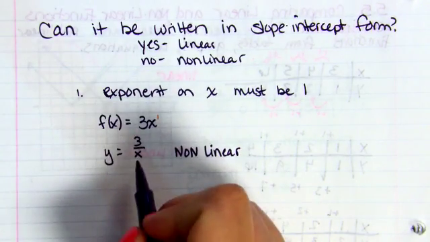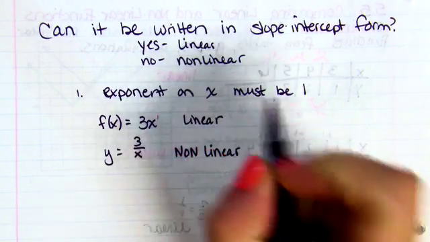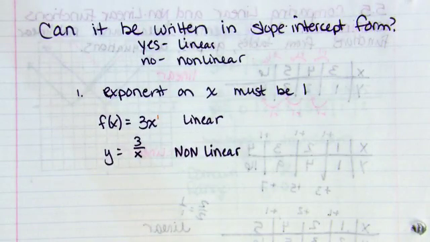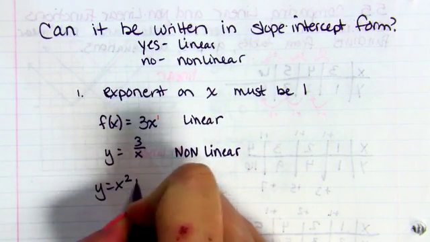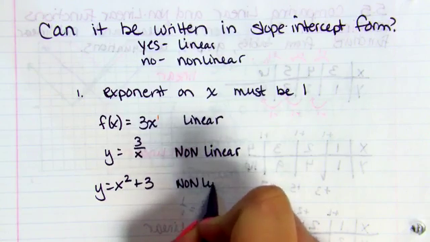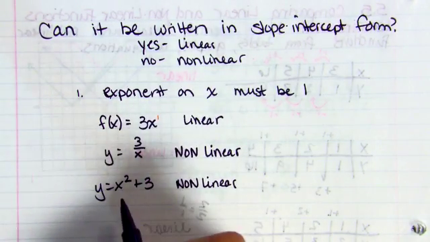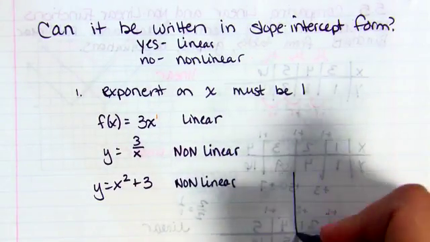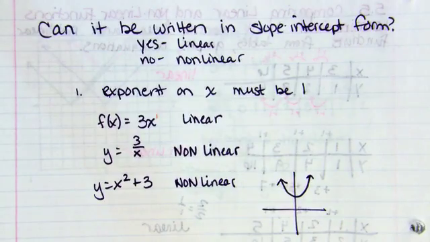There's nothing I can do to this to put it into slope-intercept form. If I have x squared, this is nonlinear because my exponent is 2. And actually, if I were to make a table of values and graph this, it would end up looking something like this, which is a curve. So again, it's not linear.